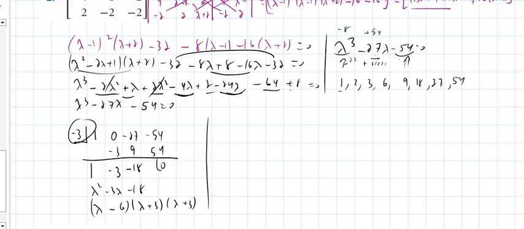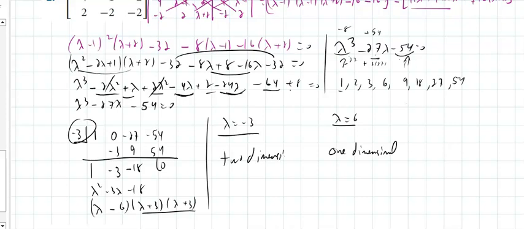So we have lambda equal negative 3, and we have lambda equal 6. So these are the eigenvalues. Well, lambda equals 6 is going to be one-dimensional. And lambda equal negative 3, since it's multiplicity 2, is going to be a two-dimensional eigenspace.